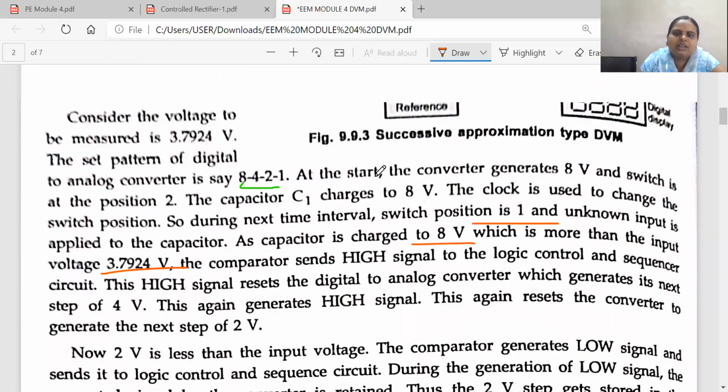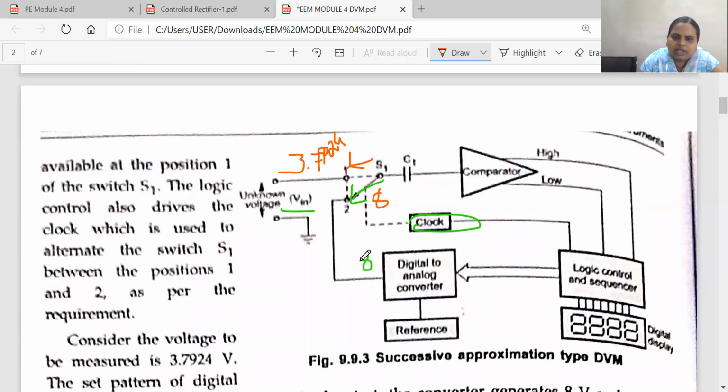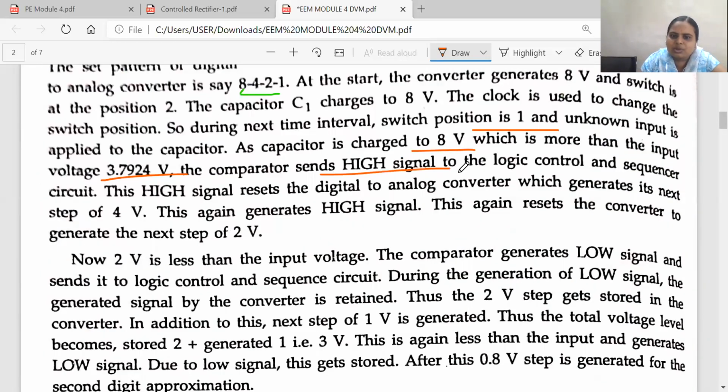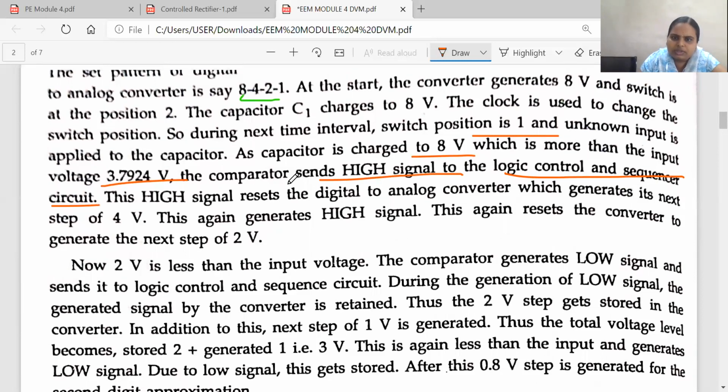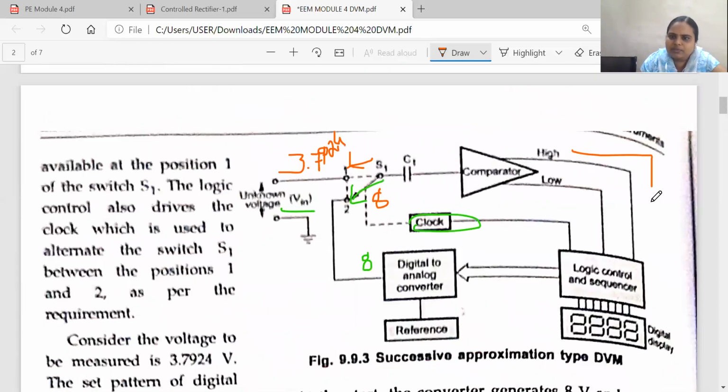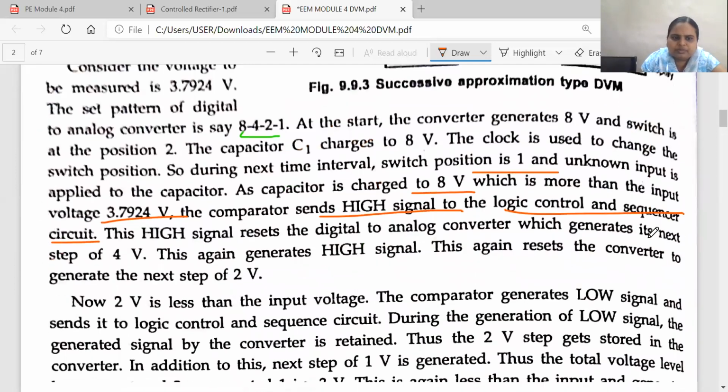Why a high signal? Because the digital to analog converter output is a higher value than the unknown voltage. For that reason, a high signal is sent to the logic control and sequencer circuit.